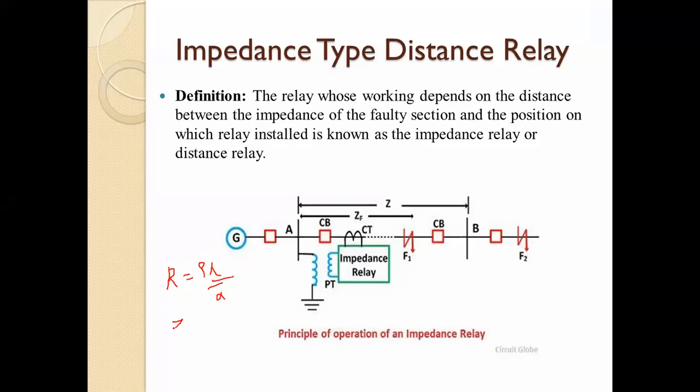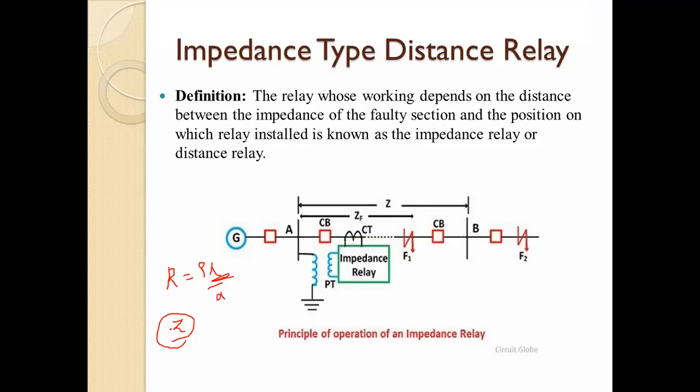Similarly we can write this for an AC circuit, that is impedance is directly proportional to L. Means if there is a change in the impedance, there will be a change in the length of the transmission line. Means if we know the exact value of the impedance, then we can find at what length the fault has happened. So we can directly find the length, or the distance from the relay, at which our fault has occurred.